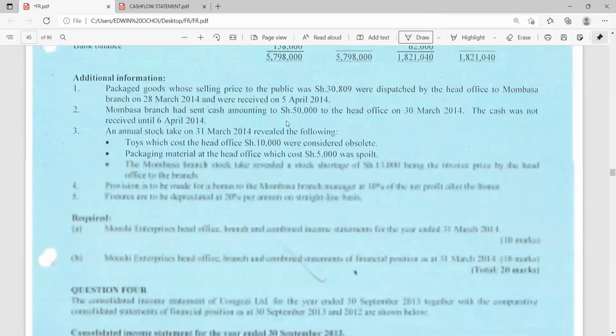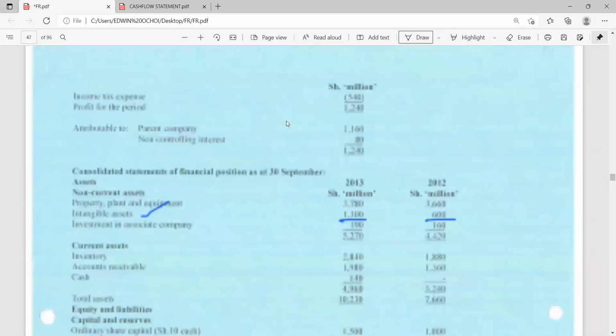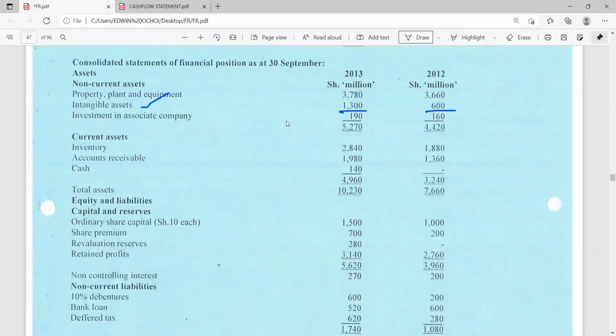Increase, decrease. What about inventory there? Is it an increase or a decrease? You compare from 2012 to 2013. It increased from 1880 to 2840. So 2840 minus 1880. What do you have?